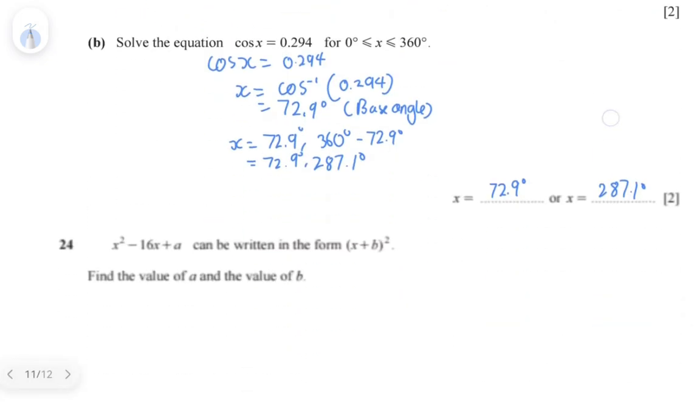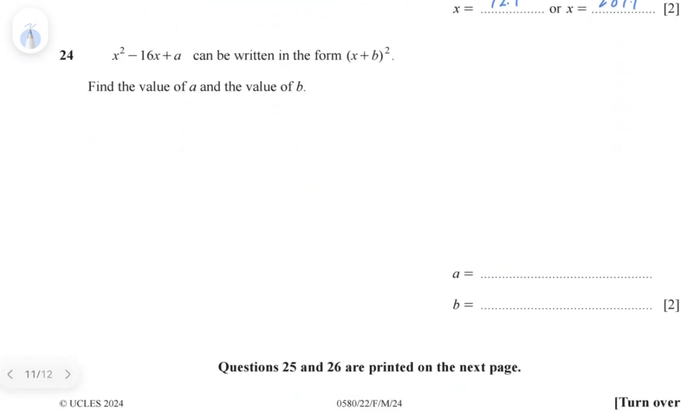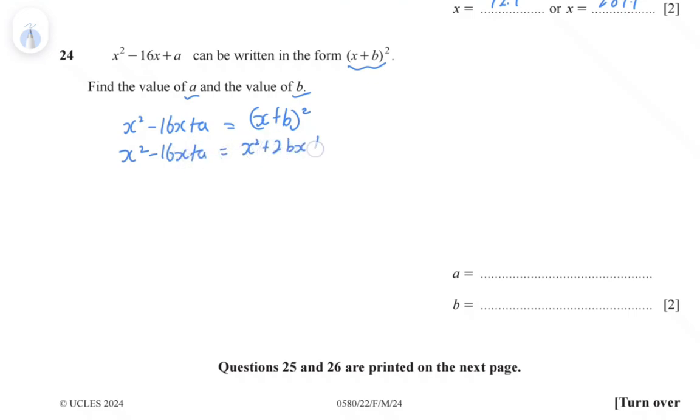Now moving on to question 24, we are trying to show the value of a and the value of b. We're told that x squared minus 16x plus a can be written in the form (x plus b) squared, meaning that they are equal to one another. Expanding this bracket, we get x squared plus 2bx plus b squared.